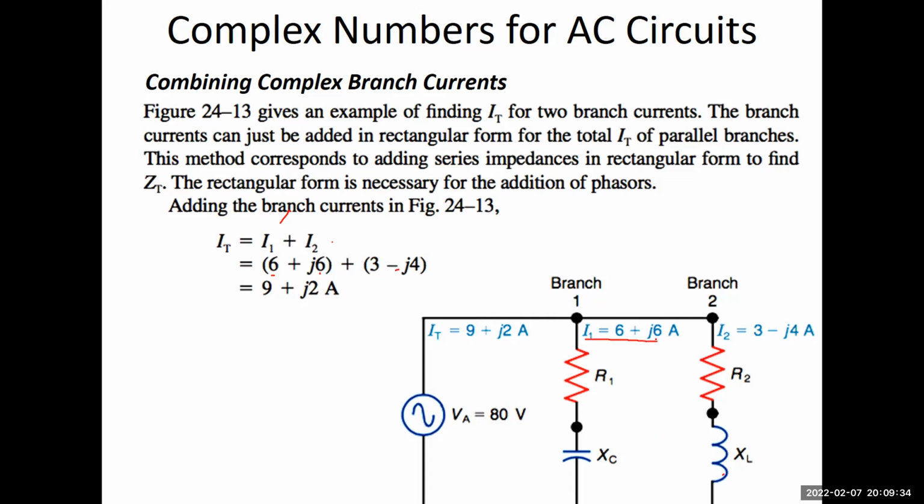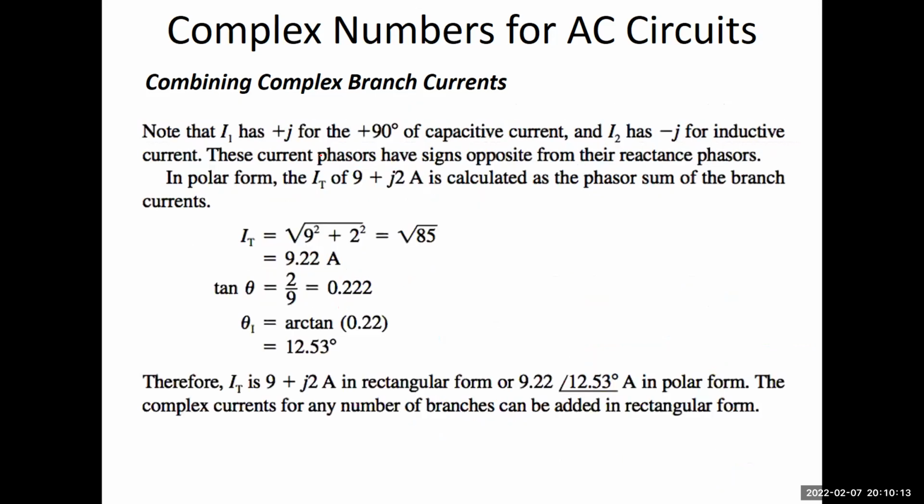Ito, so given yung ating I1 and I2. Again, since the two quantities are both in rectangular form, okay, we could simply just add yung real terms and then combine the imaginary terms, okay, or the J terms. So that is 6 plus 3, which gives us 9, and J6 minus J4 is equal to J2 amperes. Okay, dahil current yung ating pinag-uusapan.